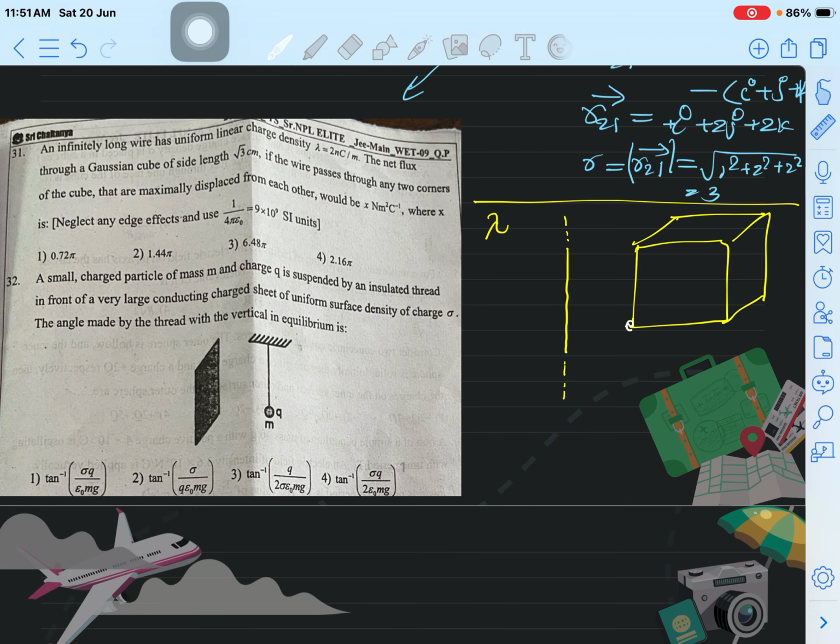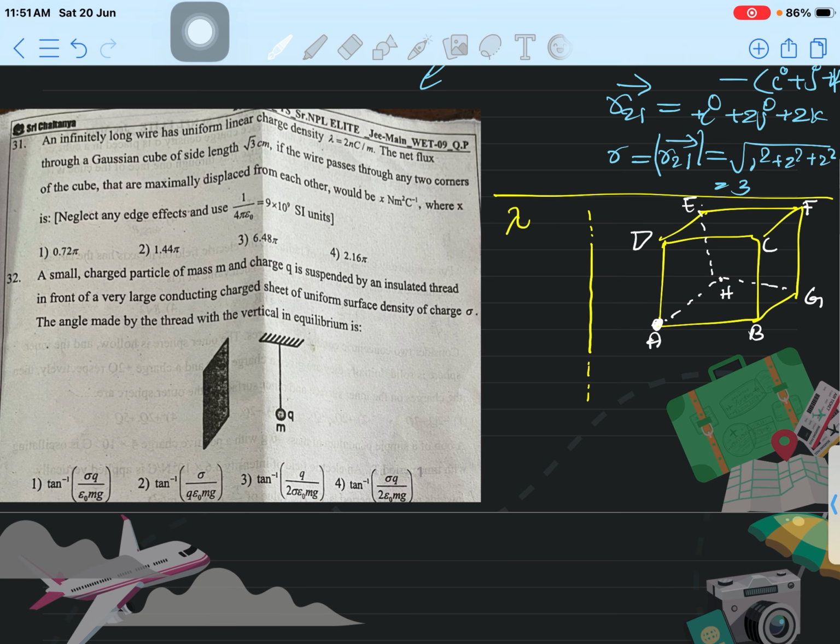If you think this is A, B, C, D, E, F, G, somewhere here H you will get, which is behind the cube, which is not visible for us. That's why I have shown it dotted.